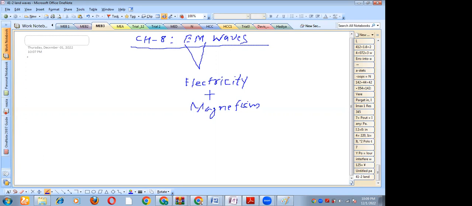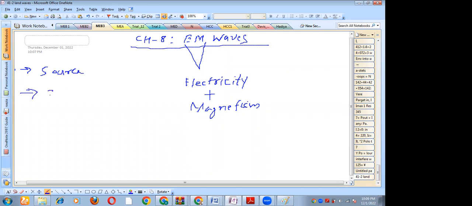The basic layout of this chapter will be, first we will study the source of EM wave, how an electromagnetic wave is generated. Then we will study the characteristics of EM waves, in which we will study the equations of EM waves and all.